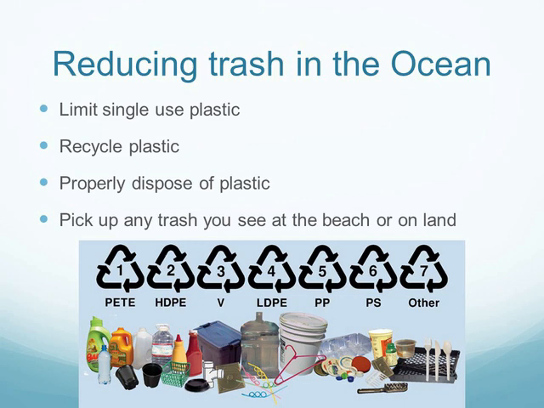So, that being said, if you properly dispose of plastic, so you don't just litter or leave it on the ground, if you properly put it into a trash receptacle, that's one way of reducing trash that gets into the ocean. And if you pick up any trash that you see at the beach or on land, that would definitely help, because typically speaking, that trash will end up in the ocean at some point in time, whether it's by runoff or by the wind. Okay.